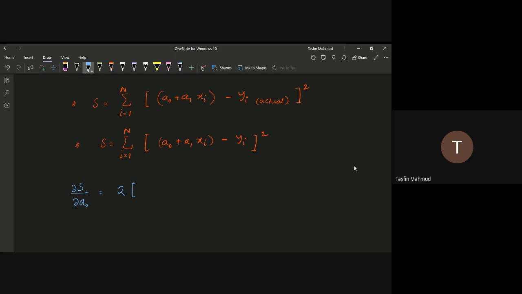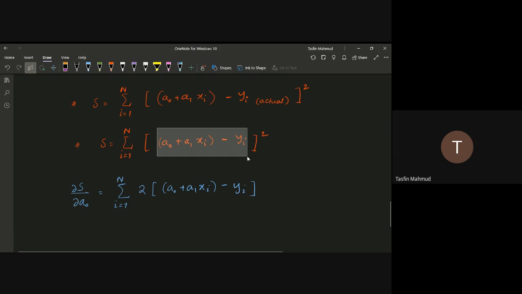We have the summation sign here, so first give the summation sign, i equals 1 to n. A 2 will come in front, and here we will get this thing, a naught plus a1 xi minus yi, and as we are taking the derivative with respect to a naught, then we will have to differentiate this part as well, right?